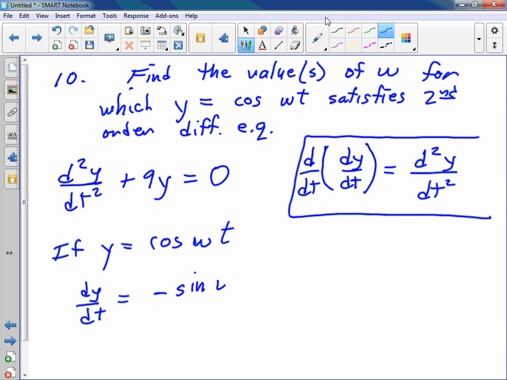Negative sine omega t, lowercase omega, times what? Times omega. Yes. Okay. And typically they'll write that as the opposite of omega sine omega t. Typically that's what you'll see.